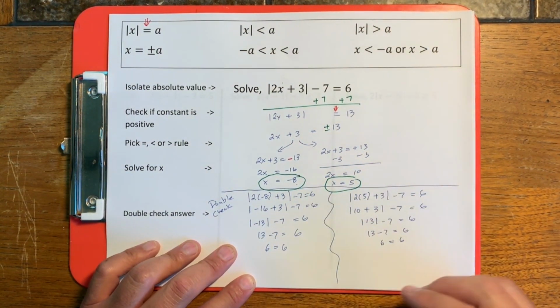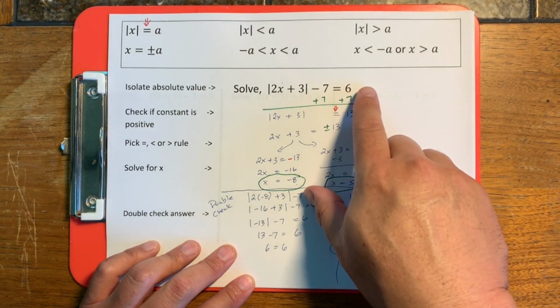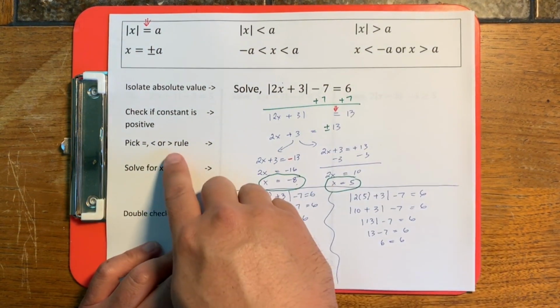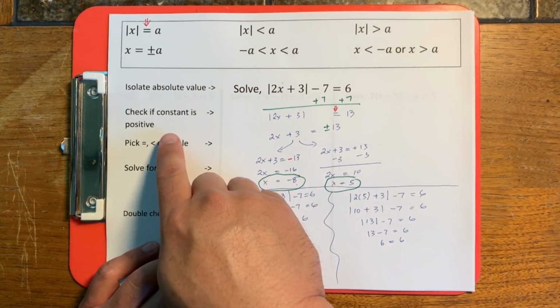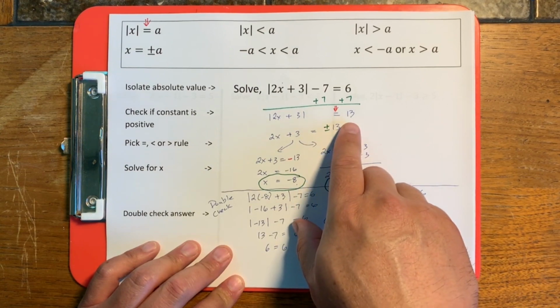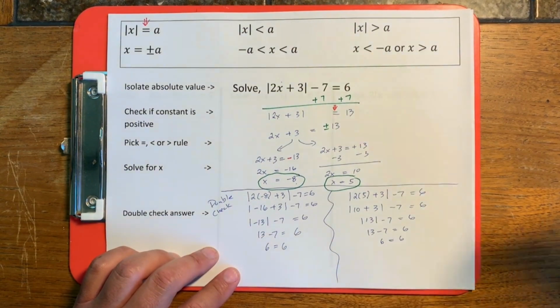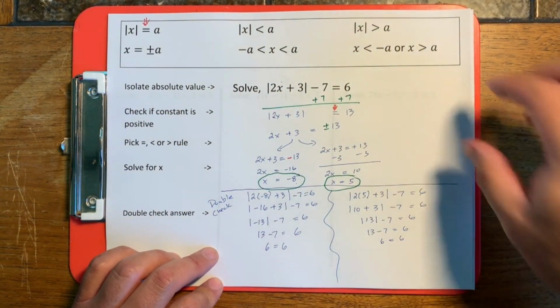Now, truth be told, if you have one of these problems where you have just a single number on the right side, and you do the check for whether the constant is negative, it should always work. But we'll show you later in the video an example of something that doesn't work.